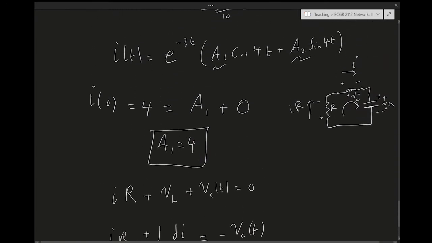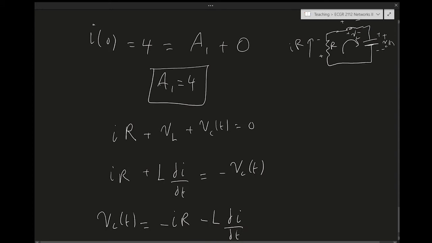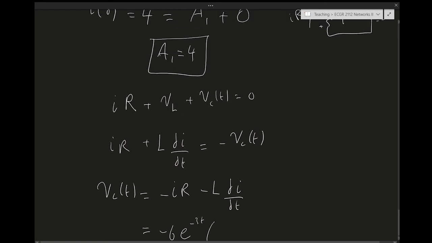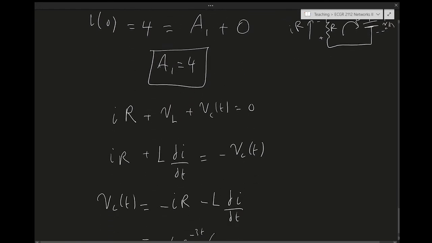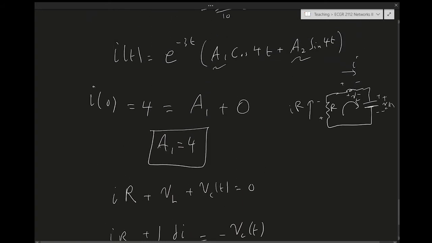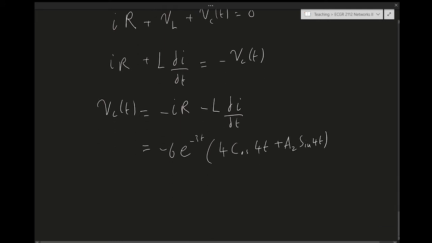Let me plug in I. So this is minus 6 e to the minus 3t. We already know what A1 is. A1 is 4. 4 cosine 4t. And we're solving for A2. We don't know what A2 is yet. Plus A2 sine 4t. Right? This is the first term.